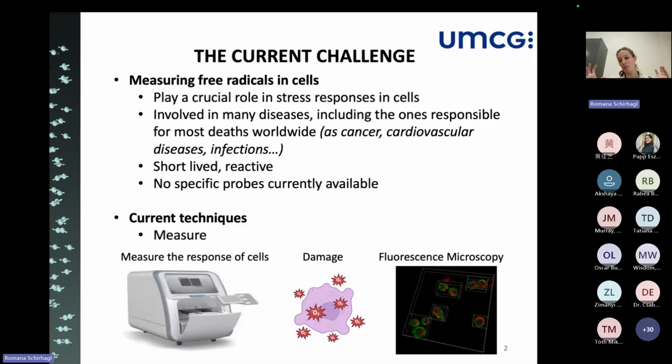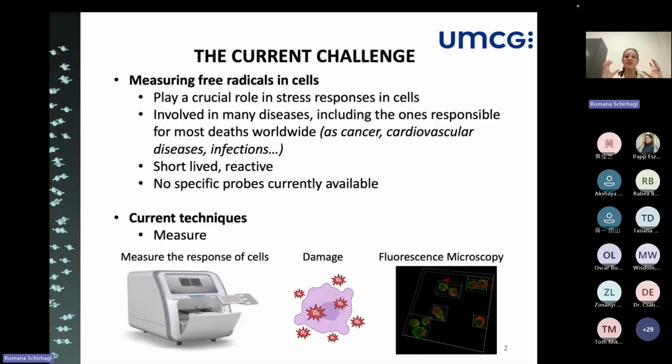But a problem with this method, first of all, these molecules bleach, so you cannot do long-term studies. They react with the radicals, so you basically influence the equilibrium that you want to measure, so you might get artifacts from that. And the other point is these are small molecules, and typically you add the molecule, then you wait for something like half an hour, and then you read out.